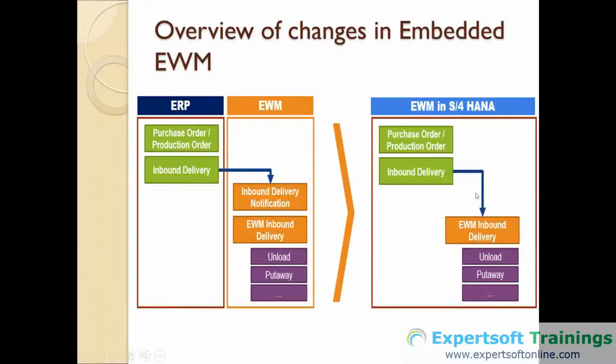Yes, but why can't we use the OBD which is created from SD level? You mean you want to make use of this OBD directly, the number or the delivery?